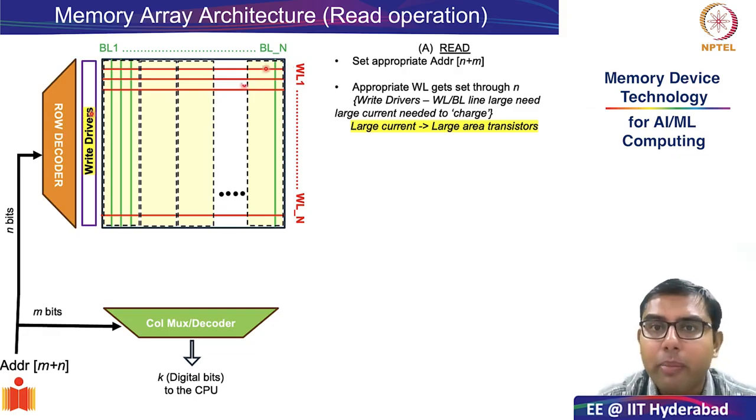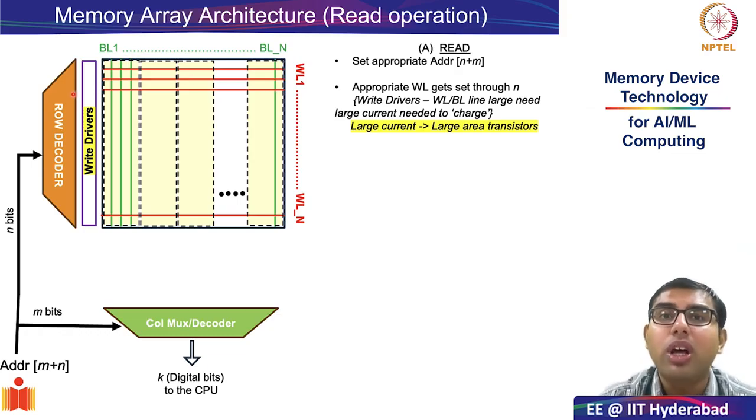So you see many of these horizontal word lines. When an appropriate address is set, one of them is effectively selected. As we had seen in the case of the DRAM, all the cells corresponding to a particular word line get selected when the row decoder selects one out of 2 to the power of n select lines.